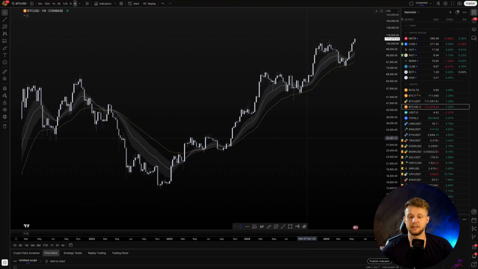And just to make it visually a bit more appealing and see where we are in the trend, I added that cloud, which is basically the EMA 13 and the EMA 34, with a fill between them, which makes up this cloud.